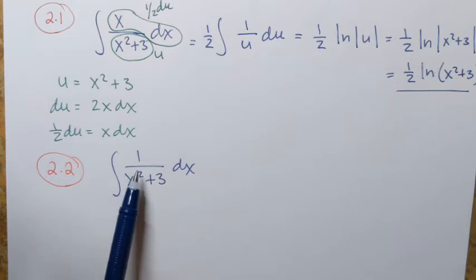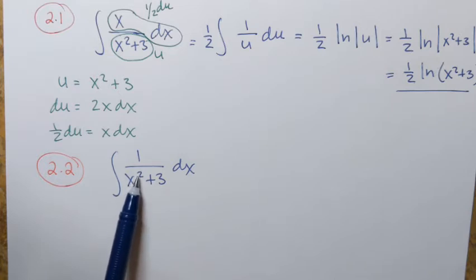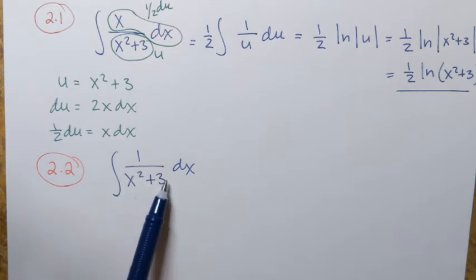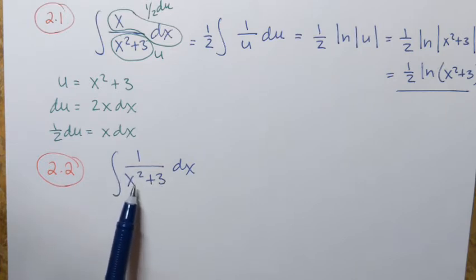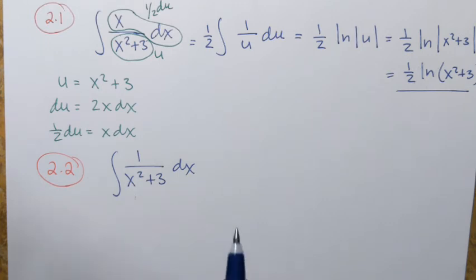But based on the structure of the denominator, I can see that I have x squared plus a number. So that could work for trig substitution, right? Because if I do a smart substitution, that could follow a pattern or a formula from trigonometry. So let's think.